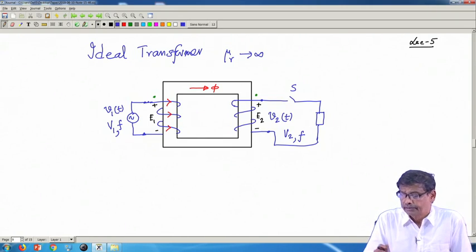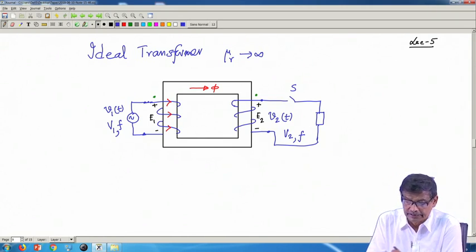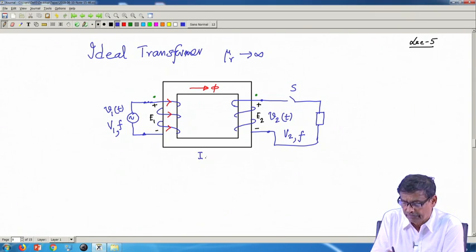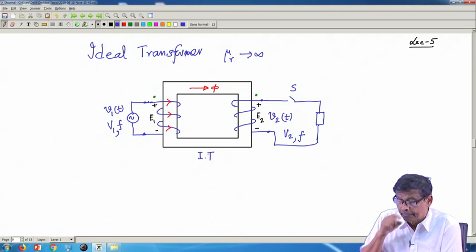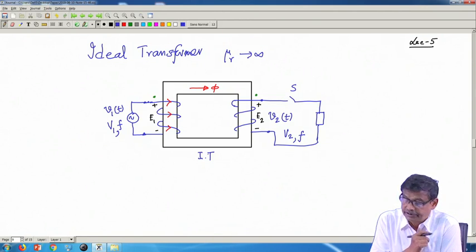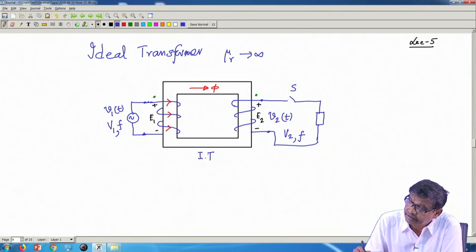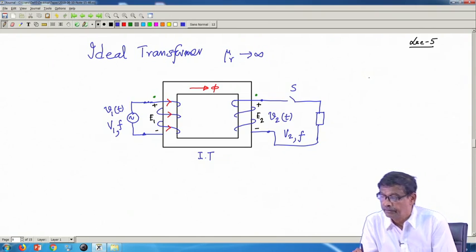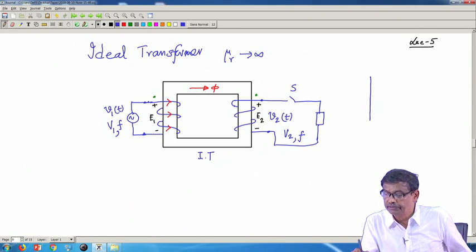In my last class, this was the ideal transformer, and under no load condition the phasor diagram I drew was like this.